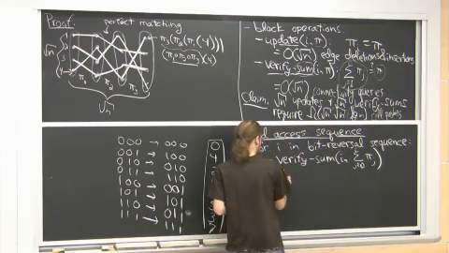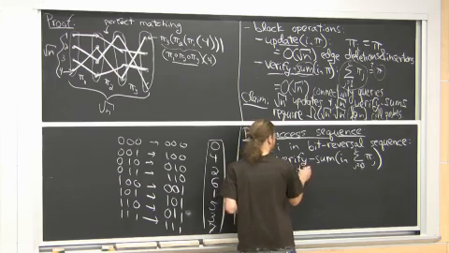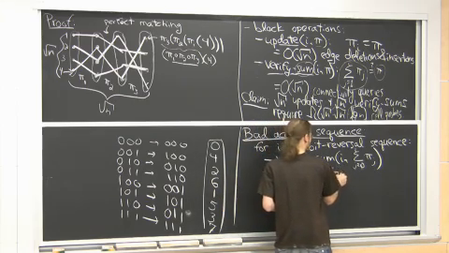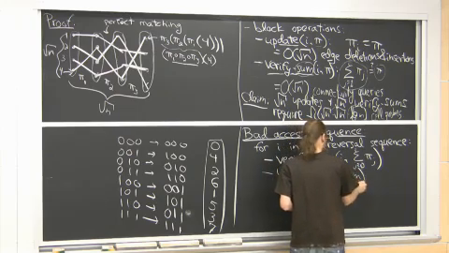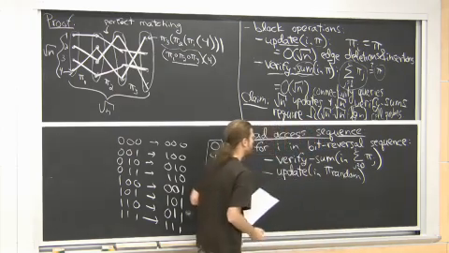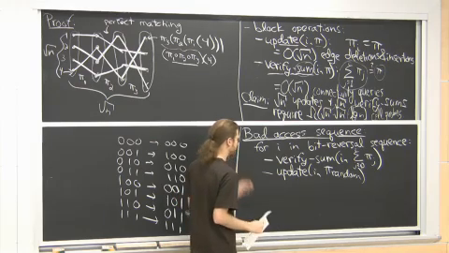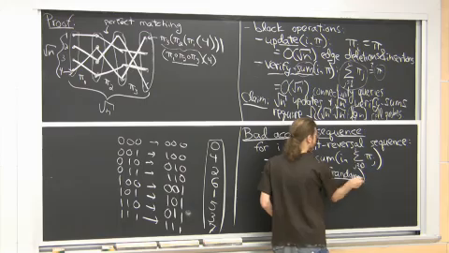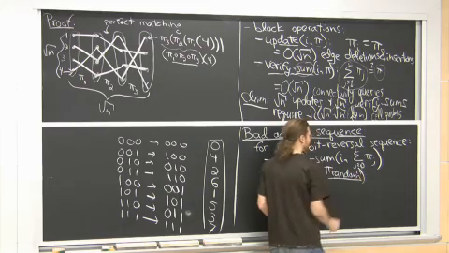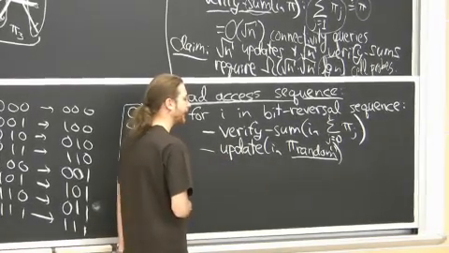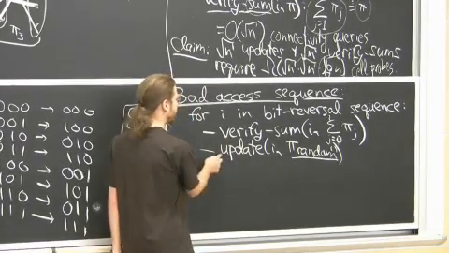And then we'll do an update. Okay, so let's see. This pi random is just a uniform random permutation. It's computed fresh every time. So we're just re-randomizing pi i in this operation.